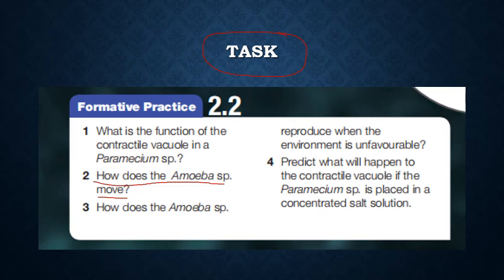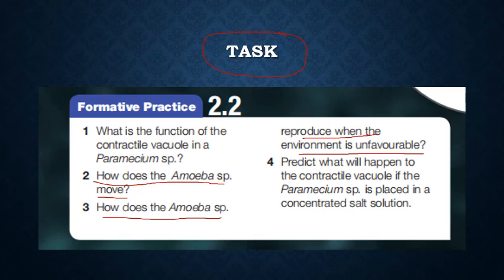You have to explain the formation of pseudopodium and how the cytoplasm flows into the extended pseudopodium, or false foot. Now, how does amoeba reproduce when the environment is unfavorable? This is also in the textbook. Formation of spore, and the spore will only germinate into a new amoeba when the condition is favorable.